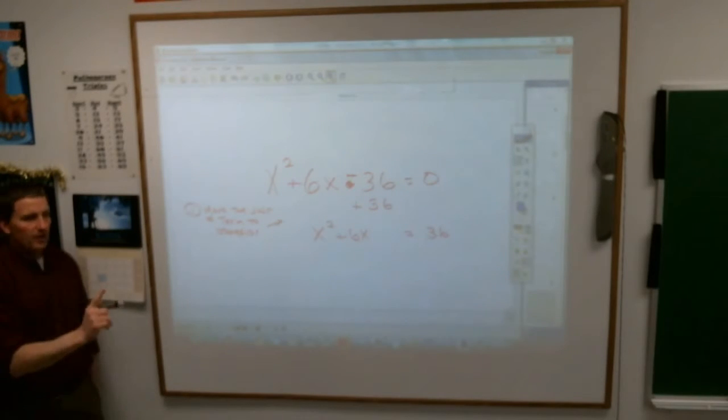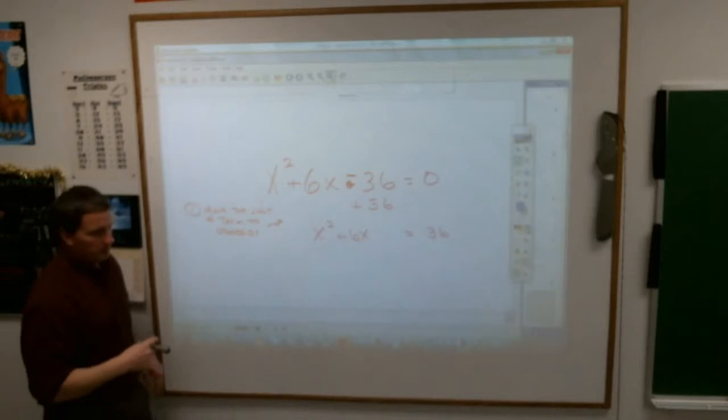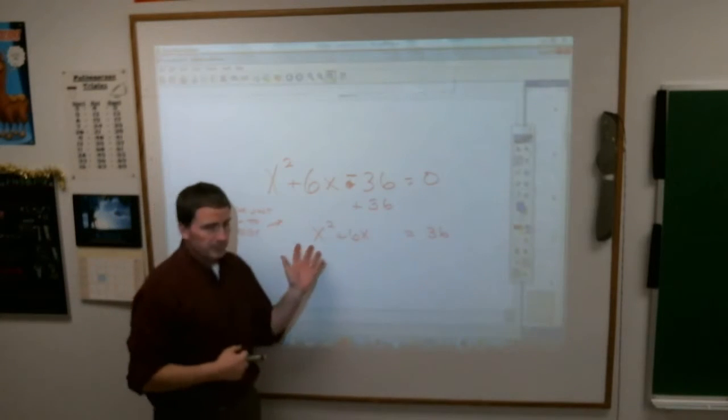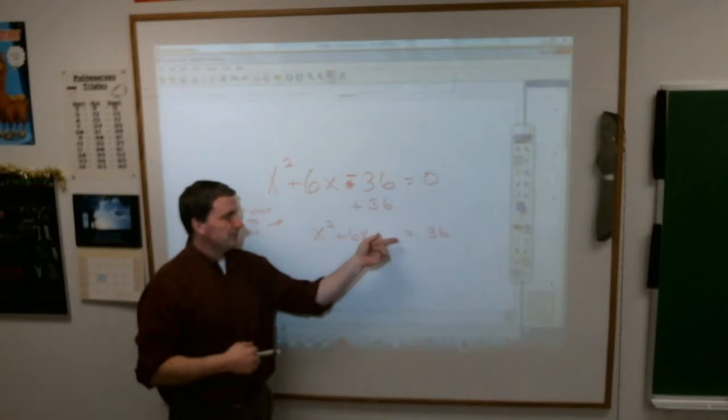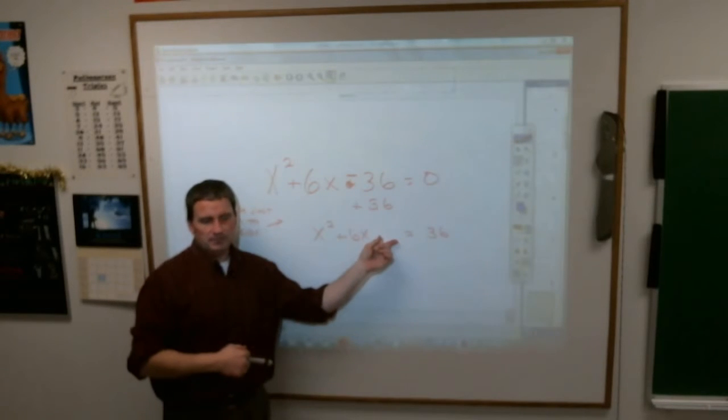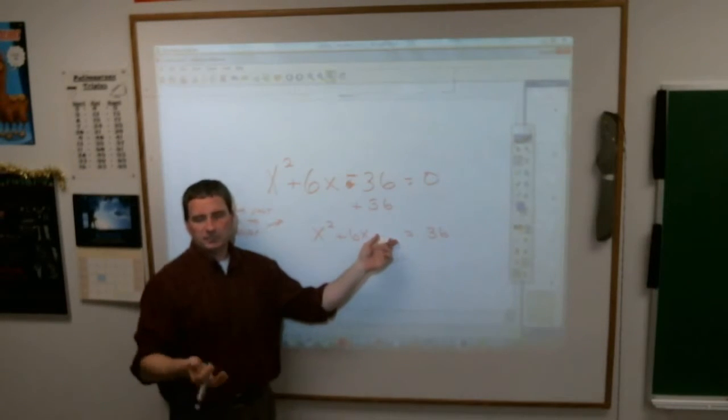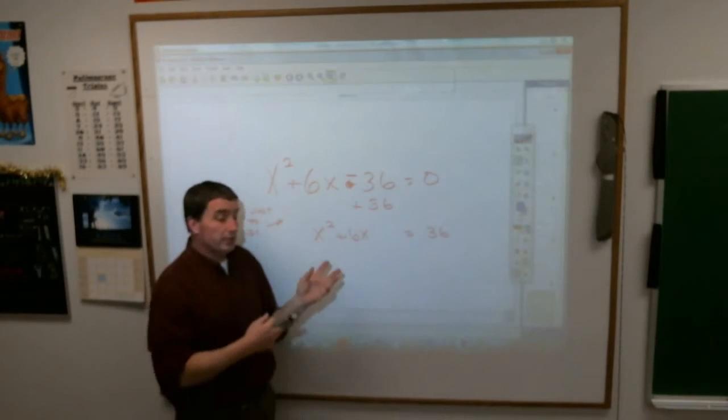Okay, now, we just talked about this. In a perfect world, for me to do what we've been doing by taking the square root, I need to figure out what this number needs to be in order to take that square root. And we just talked about that. Where did it come from?